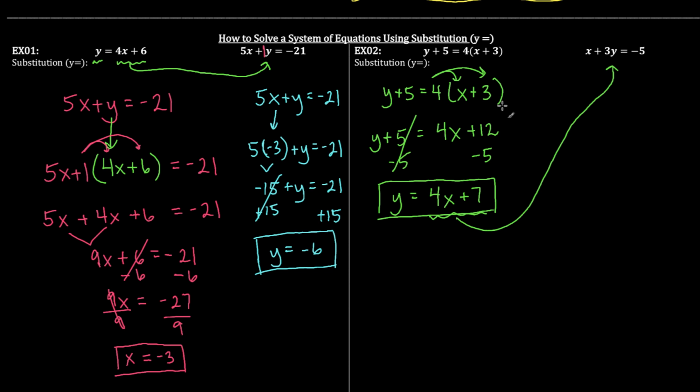And so let's do it. So I'm going to label this one in red. x plus 3y equals negative 5. Now, instead of y, I'm going to put 4x plus 7.